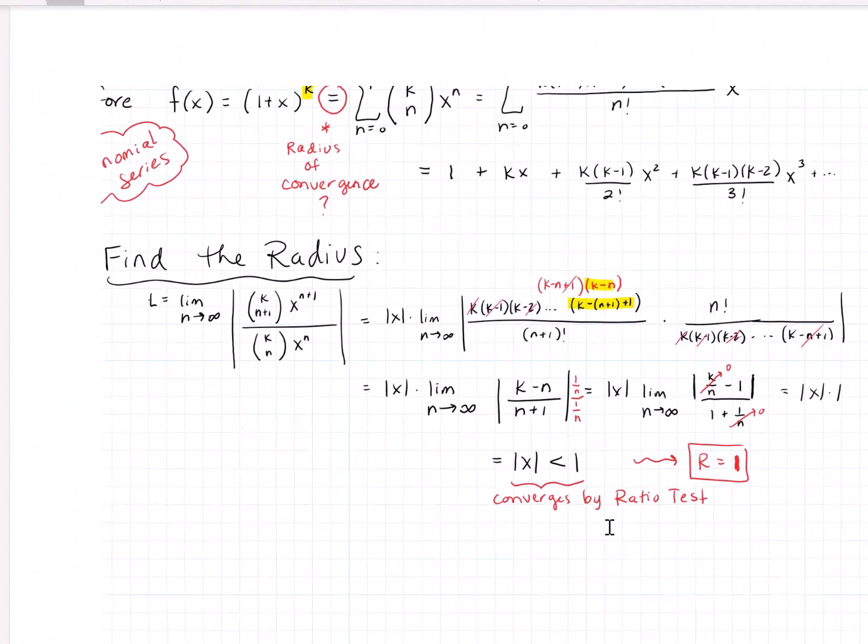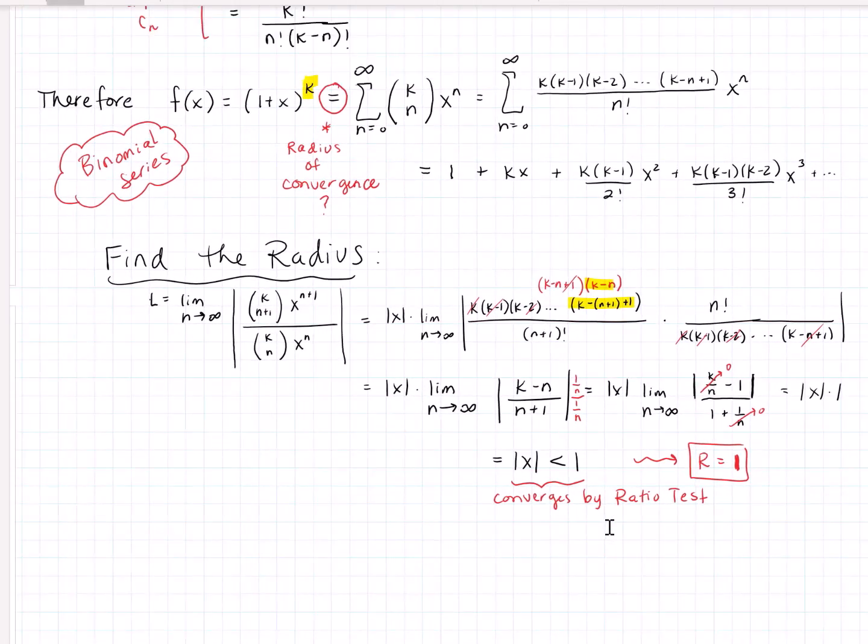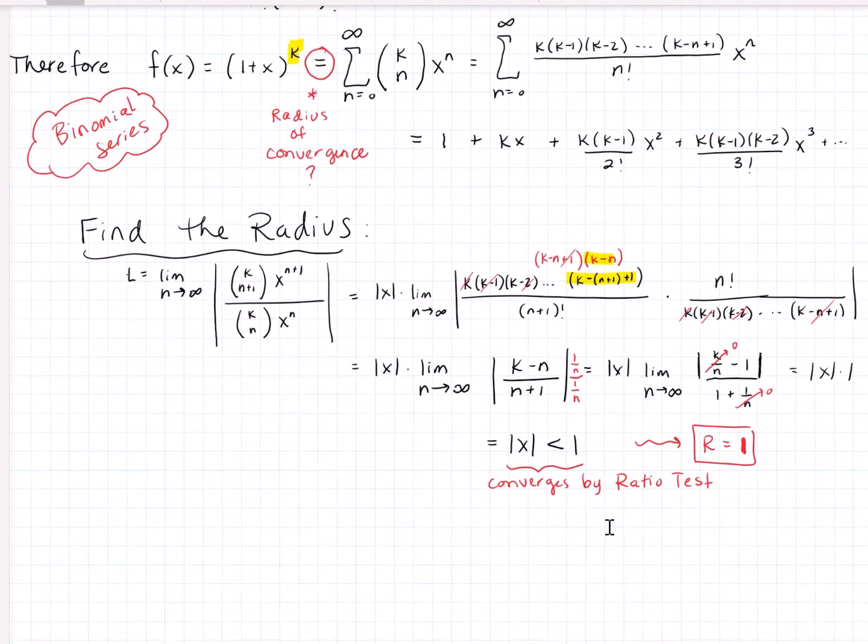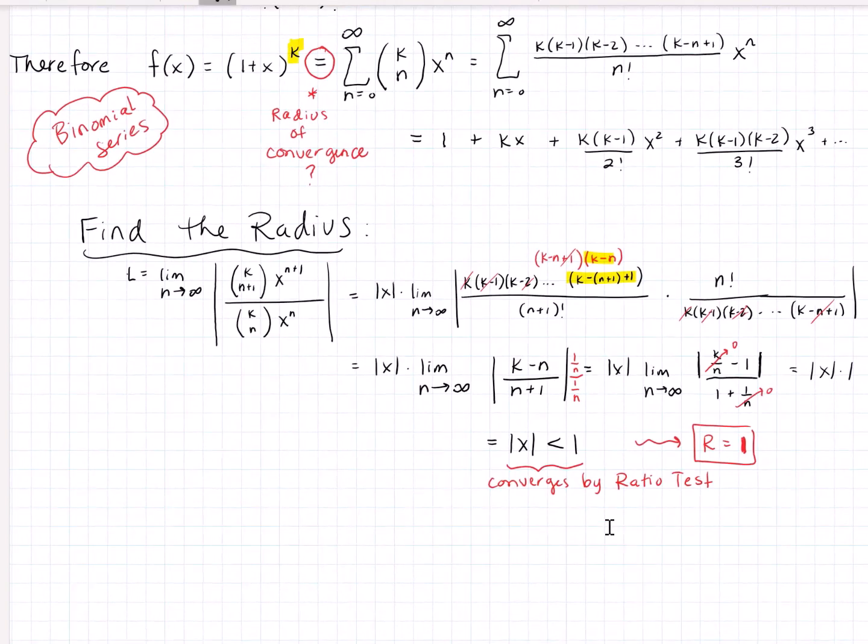So we can summarize this and we can say that our f of x equals 1 plus x to the k, so we've actually verified now, we figured out what that radius is.